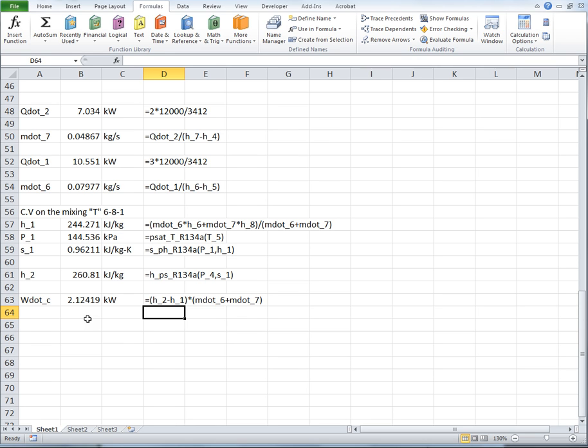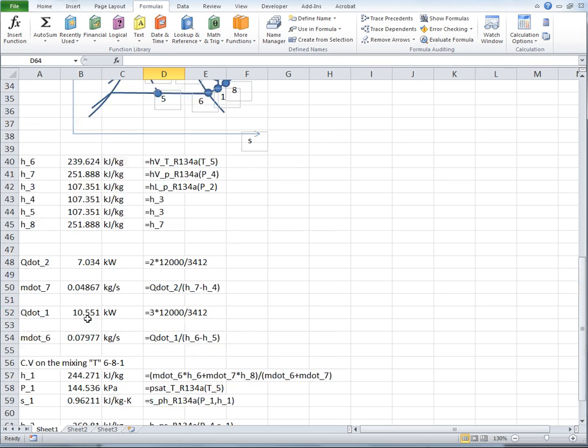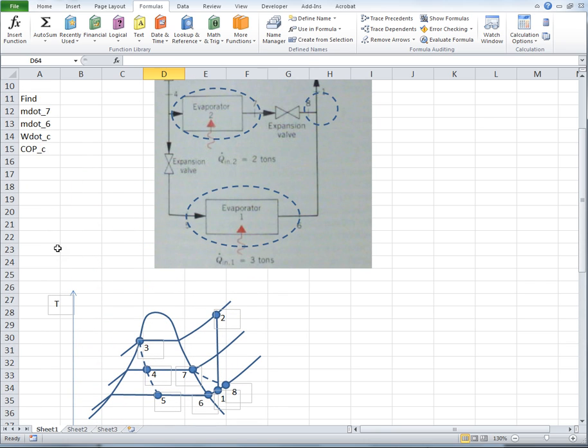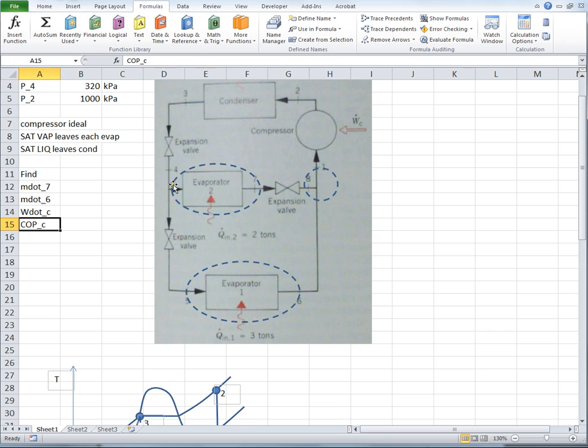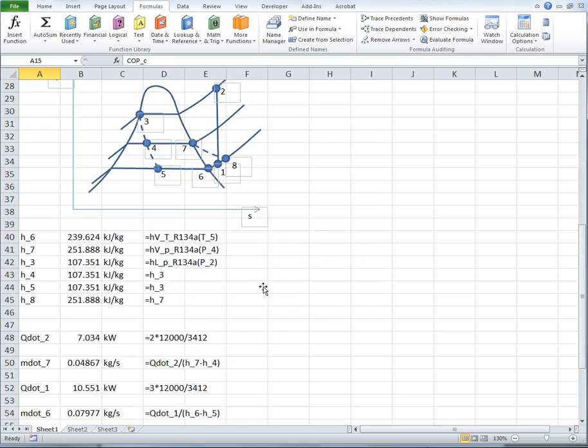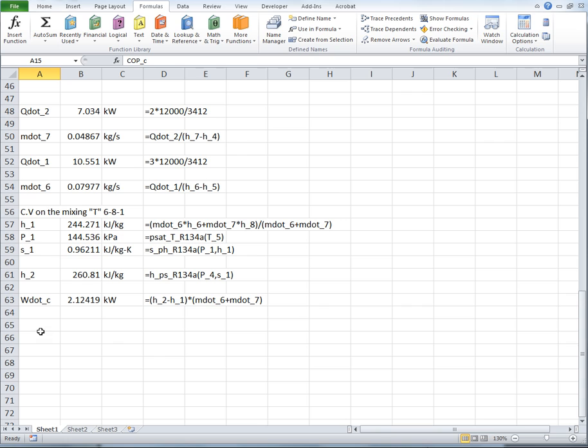And what else did we need to find? I think just the coefficient of performance. Is that all it's missing? Yes, the COP. The COP for this would be a little tricky, meaning that we've got cooling at 2 evaporators. We would consider the total cooling capacity, 2 tons plus 3 tons, divided by the work, to be our COP.